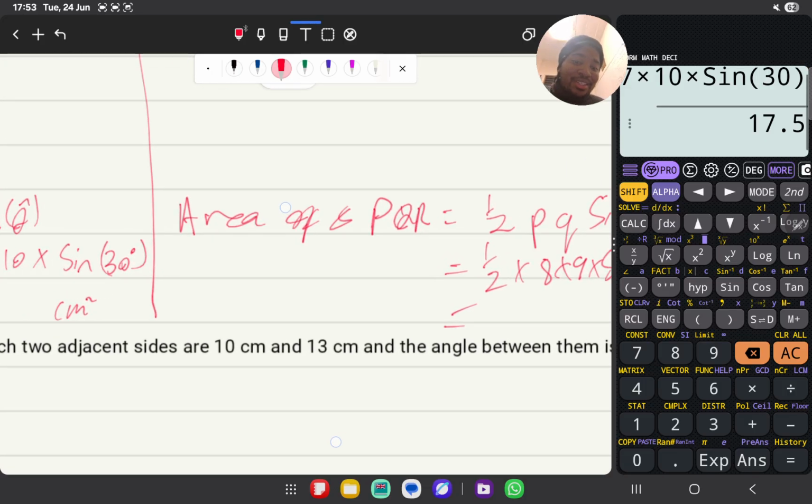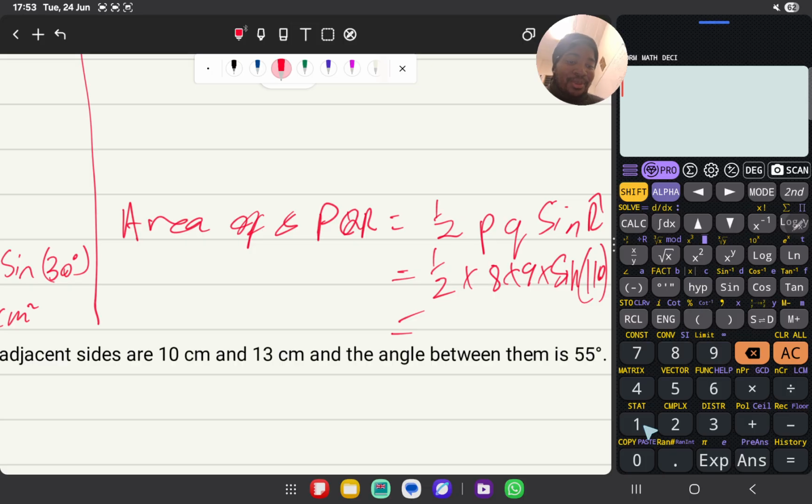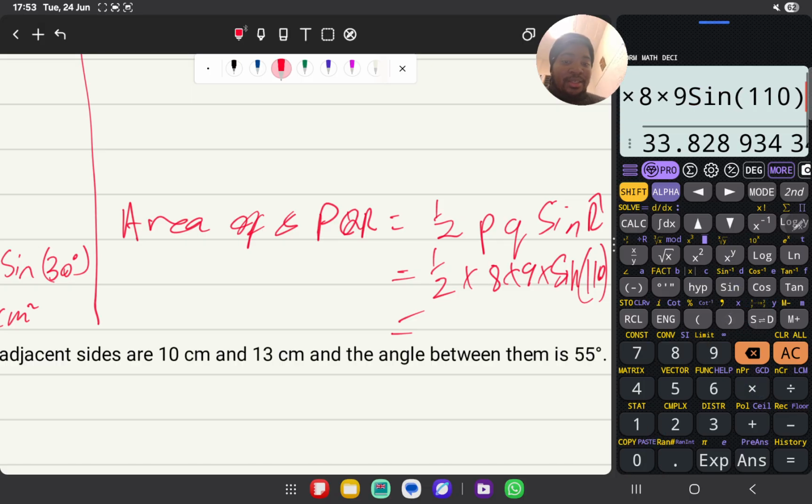And then the final answer will be half times 8 times 9, and then you have sine 110, right? Then it will be 33.83, let's just say meter squared, right?